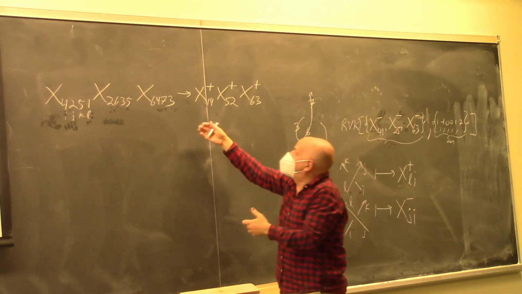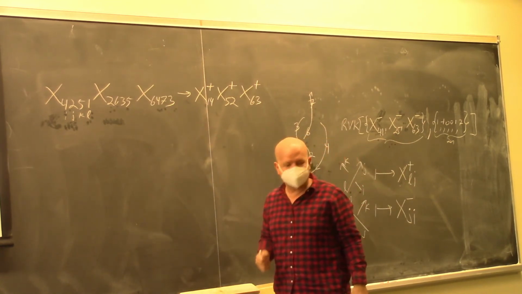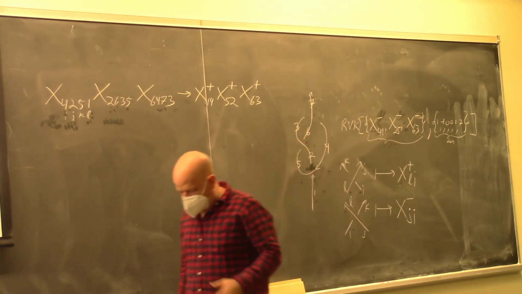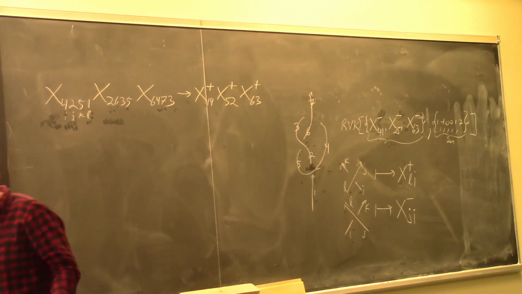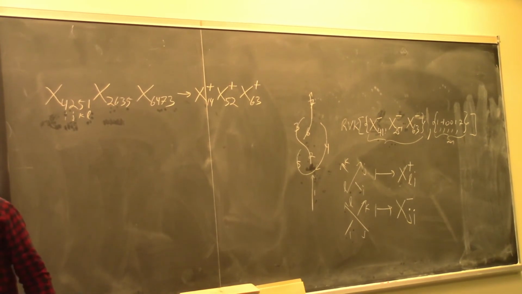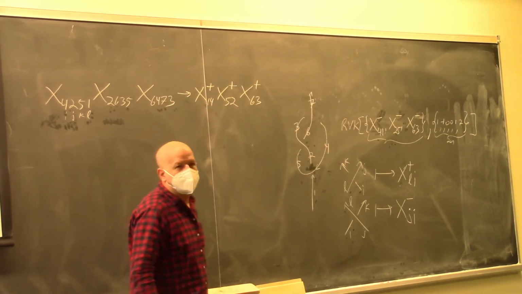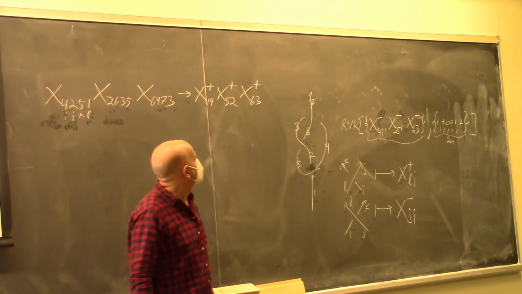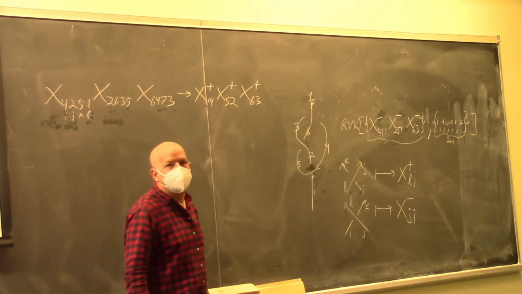But now how do I recover the rotation numbers? So I draw the knot as much as I can. Yes? Which of the numbers will come first, with the I and J? In the middle one, should it be 2, 5 or 5, 2?